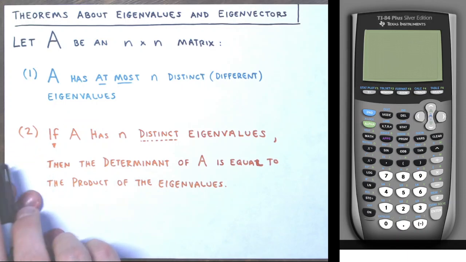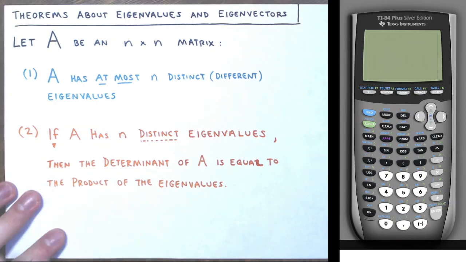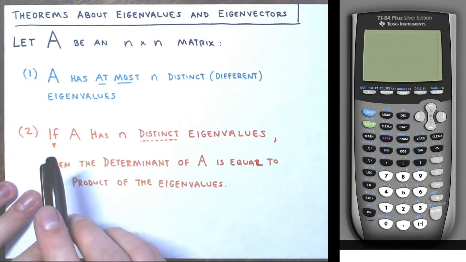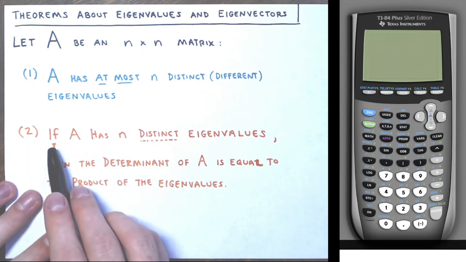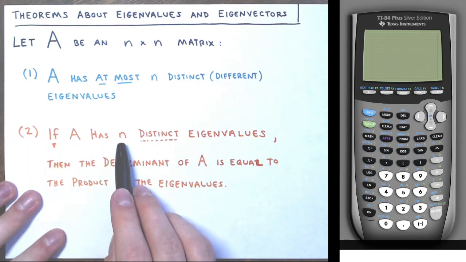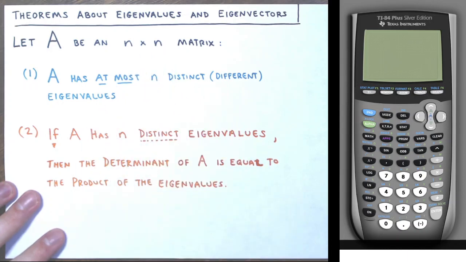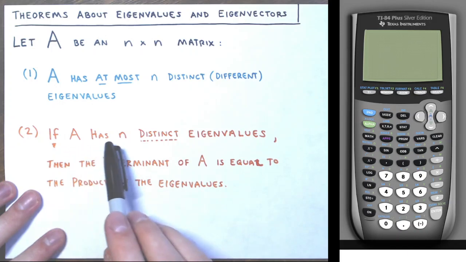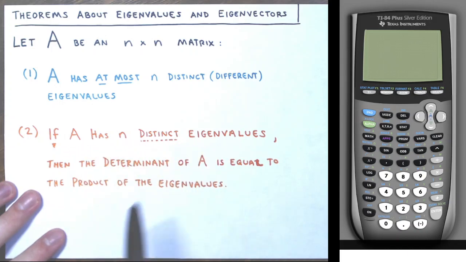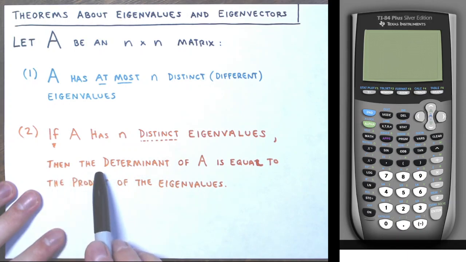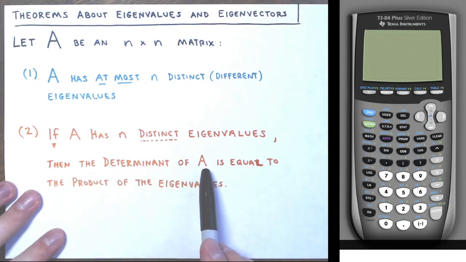The second statement, and I'll get to examples after this and we'll go through these statements one by one, seeing which ones apply to certain matrices. Number 2: if A does have n distinct eigenvalues, so if you have a 2x2 matrix and you do have 2 different eigenvalues, or a 3x3 matrix and you do have exactly 3 different eigenvalues, then the determinant of that matrix will be equal to the product of those eigenvalues.